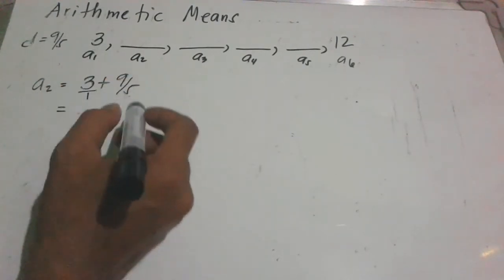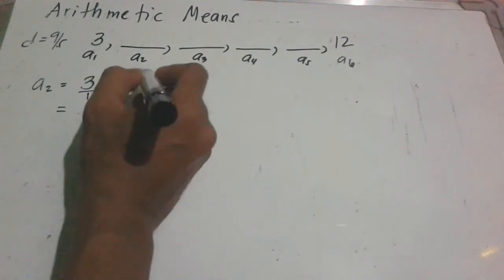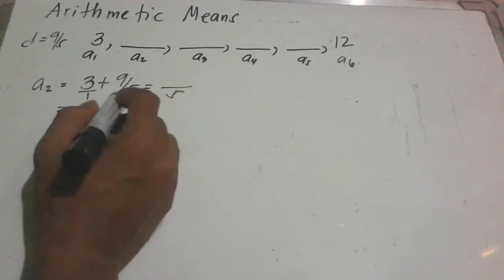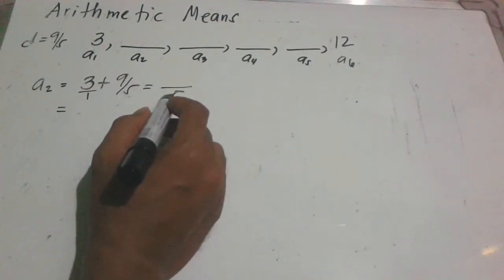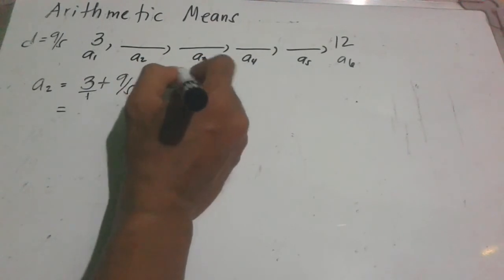How do we add? 3 plus 9 over 5. Understood, 3 has a denominator of 1. So, the LCD is 5. 5 divided by 1 is 5 times 3, 15.